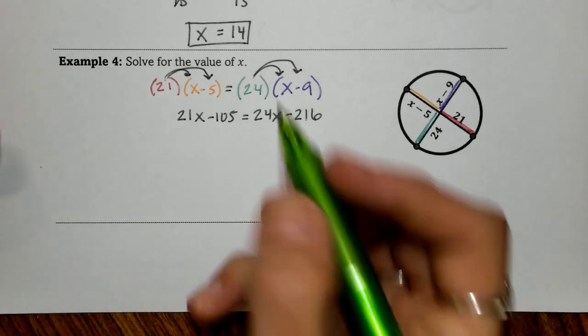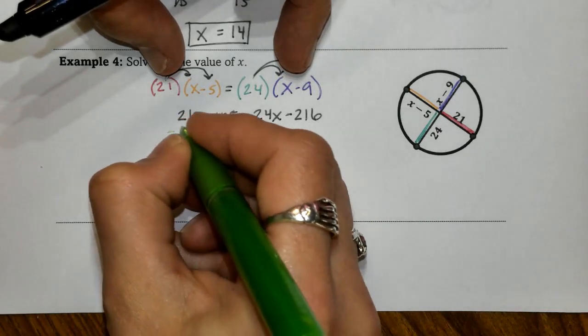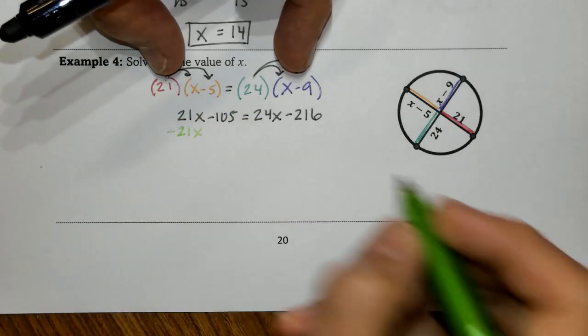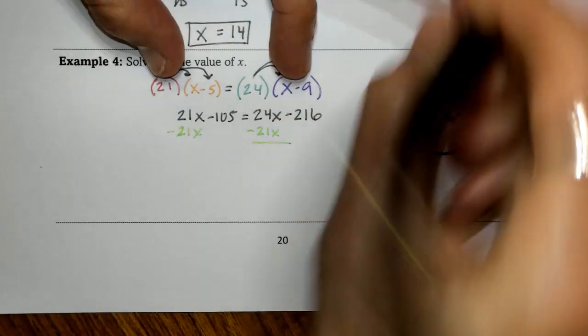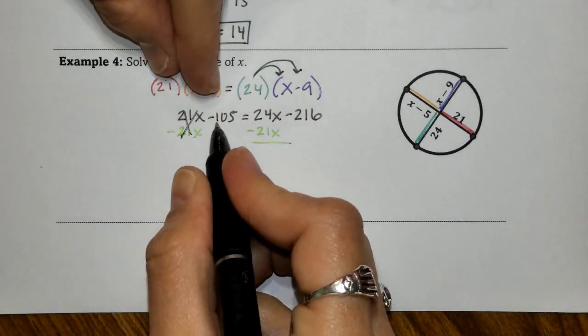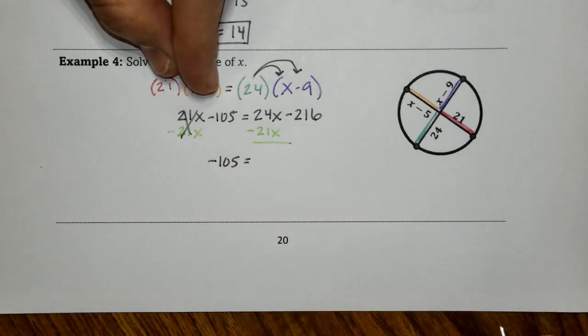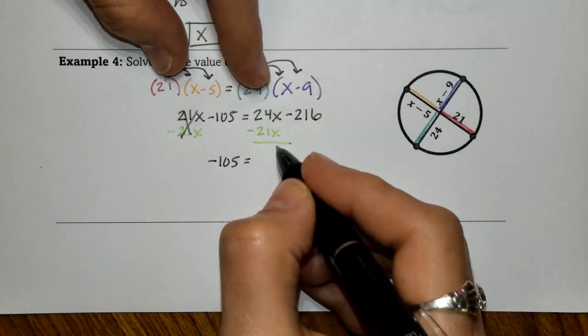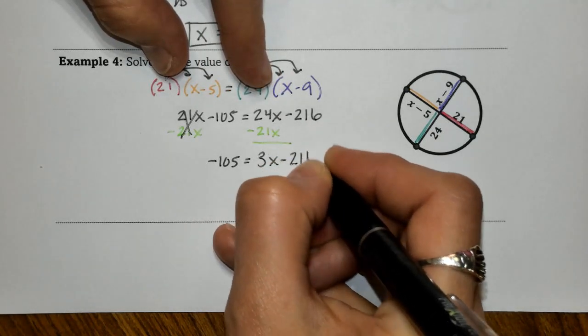I've got my variables on both sides. I'm going to move my smaller variable by subtracting 21x from both sides. When I do this, please remember there is a negative 105 that we are bringing down. I notice a lot of my students are really good at noticing that. 24 minus 21, we're left with 3x minus 216.